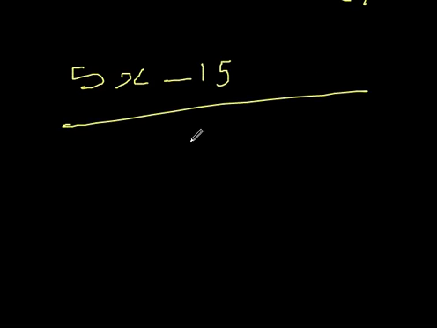Look at this example now. This is 5x minus 15, and in the denominator I've got x squared plus 2x minus 15.